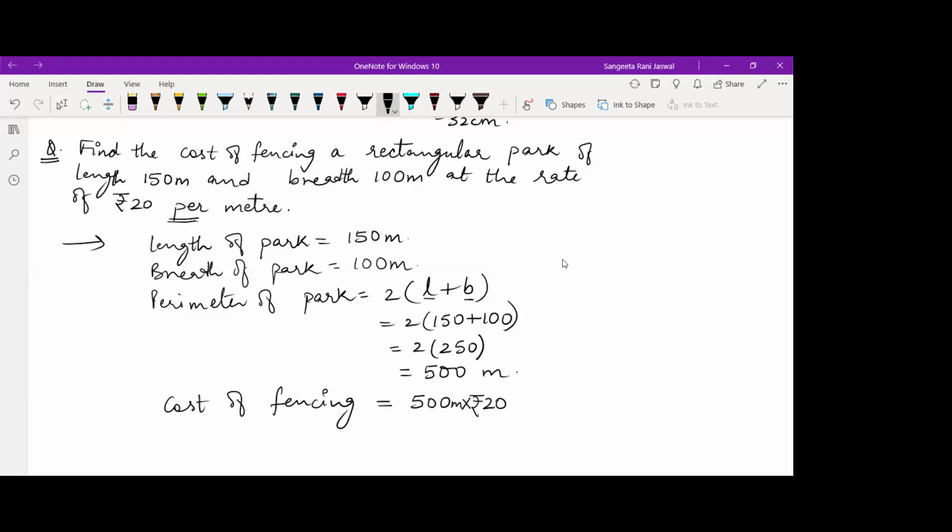We are finding it for the whole of this. That means 5 into 2 is 10, and then we have 3 zeros. So this is rupees 10,000. So the total cost of fencing is 10,000. Okay, good, beta.